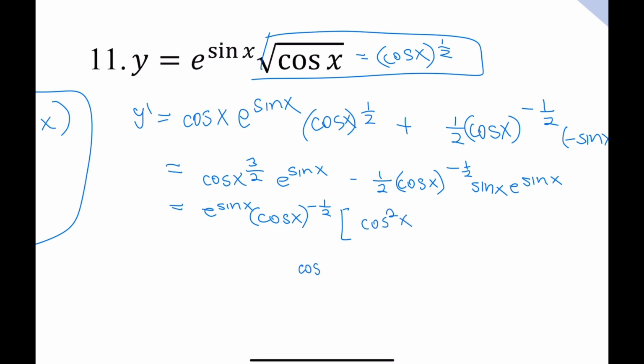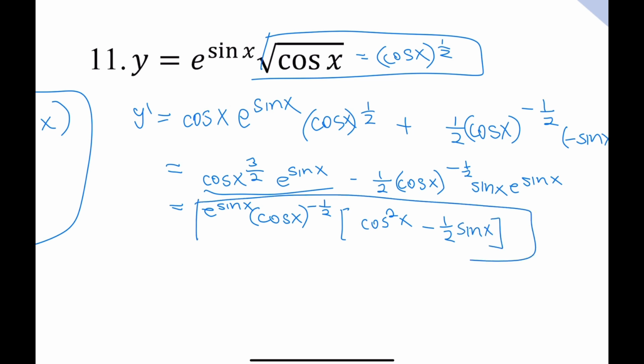Because cosine x to the power of 2 over 4, when combined with negative 1/2, would lead to 3 over 2, right? So we're going to do cosine squared x inside the parentheses to represent this part, and then we also have negative 1/2 sine x as our answer. Okay, so this would be our answer right here.